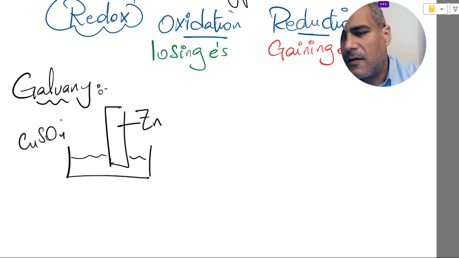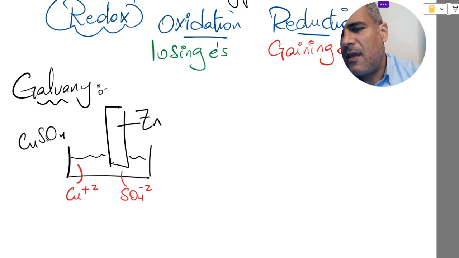As we all know, the copper sulfate inside the solution will be ionized into copper positive 2 ions and sulfate negative 2 ions, as this is an aqueous solution, soluble in water.